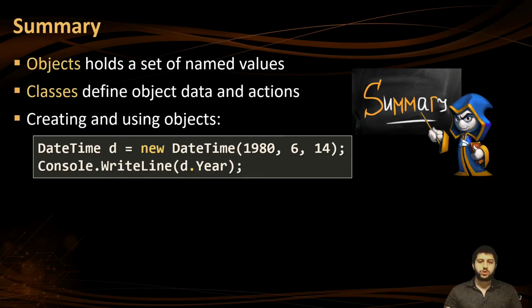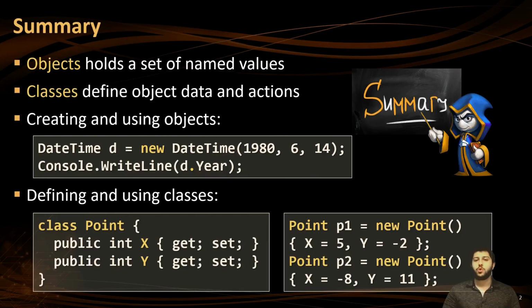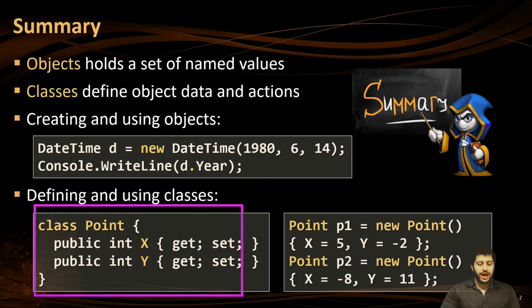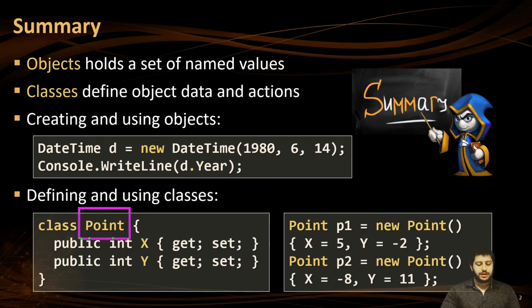Now, what we also talked about is how to create your own classes and objects. So you could specify your own class by using the keyword class, then the name of the class itself, which here in this case is Point, and this class has a body.